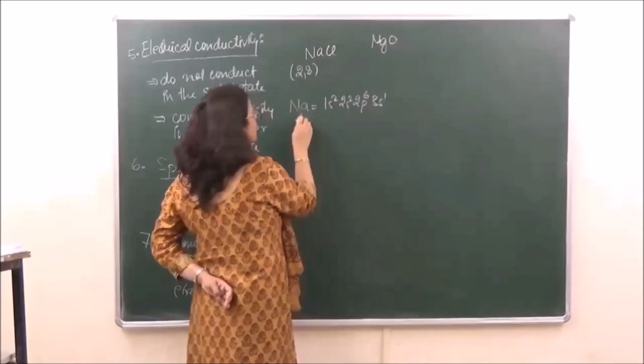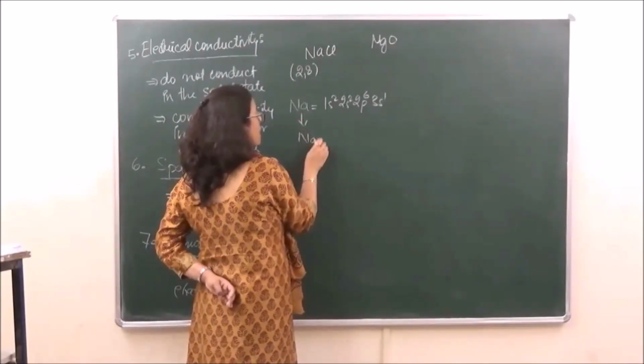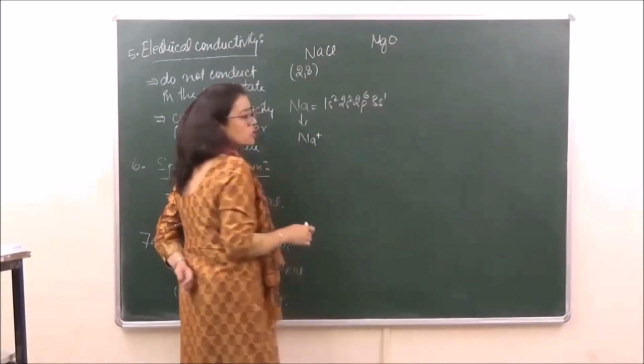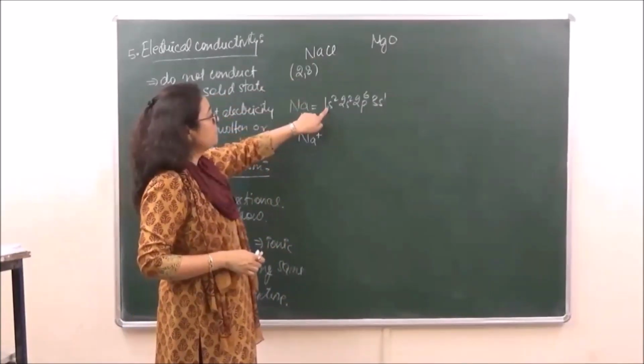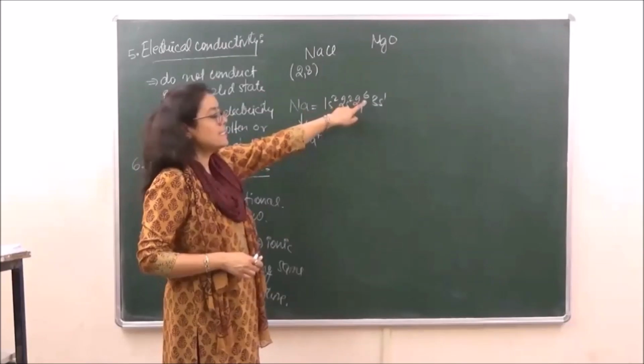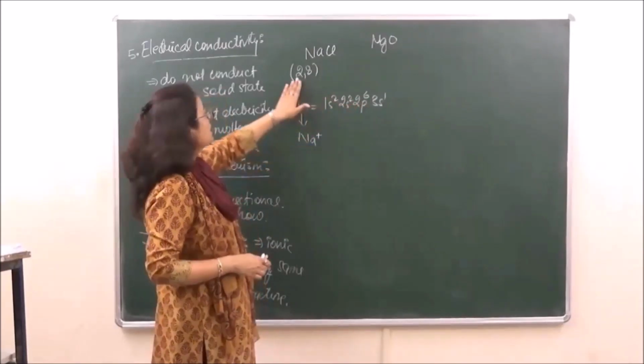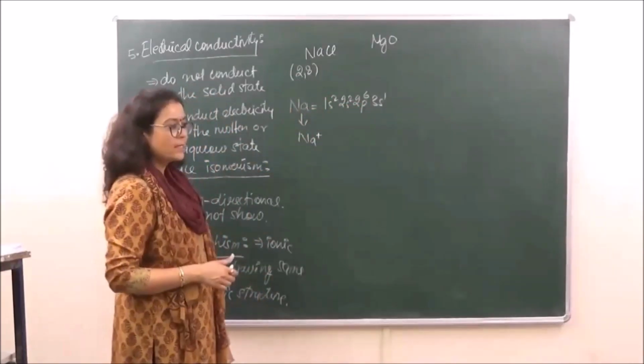When this is converted into Na positive ion, the outer shell goes away. So in the first shell it is 2 and in the second shell it is 8. So we say that the electronic configuration is 2,8.